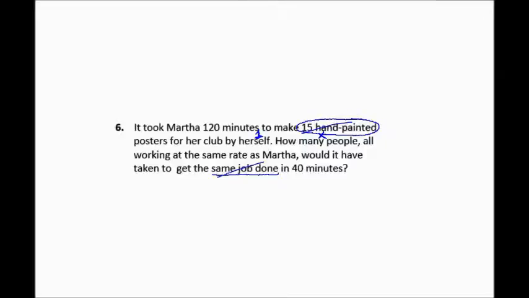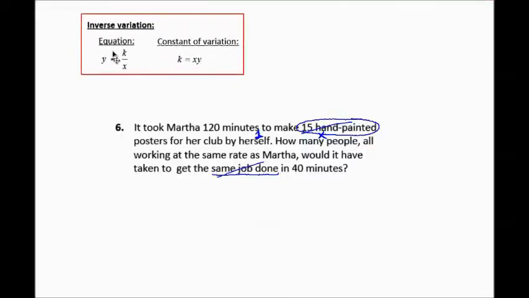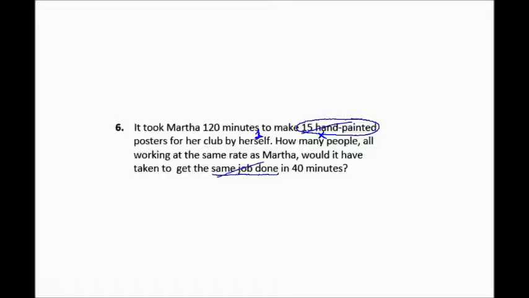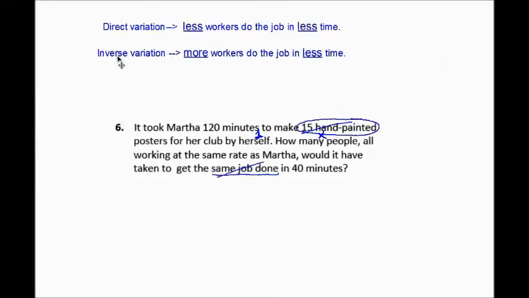Now, it doesn't really say if it's direct or inverse variation. So part of this problem is us figuring out if it's inverse or if it's direct variation. Let's see. For direct variation, things go the same way. So if less workers do the job, you do less time. So you think about that. Does that make sense? Or for inverse variation, they don't do the same thing.